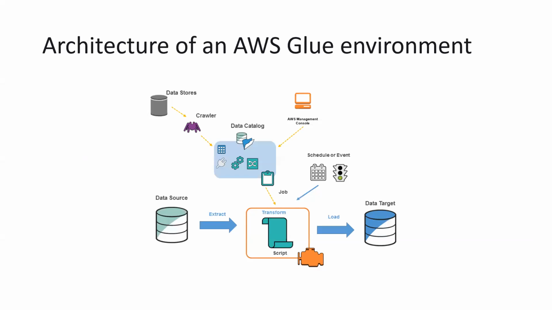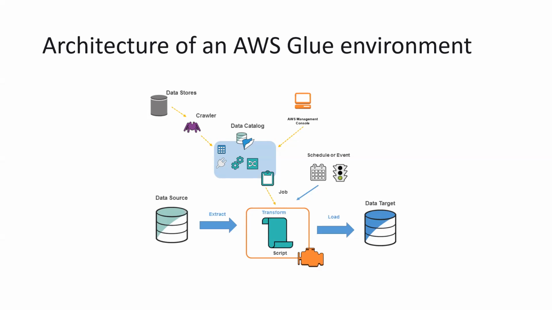Let's talk about the AWS Glue environment. Before we talk about architecture, let's talk about what data sources AWS Glue supports. AWS Glue supports data stores Amazon S3, Amazon Relational Database Service, that is Amazon RDS, third-party JDBC accessible databases, and Amazon DynamoDB.